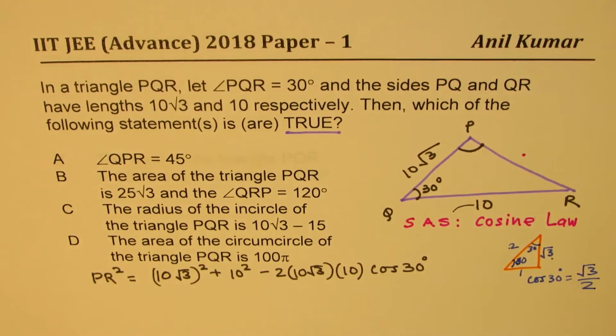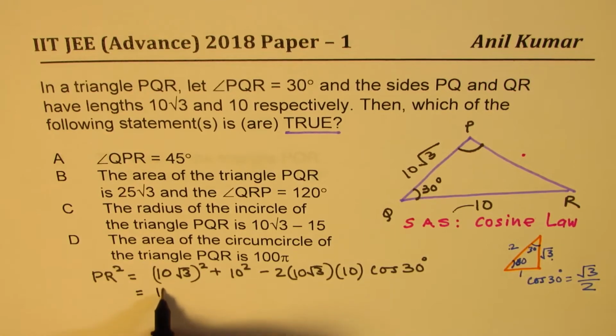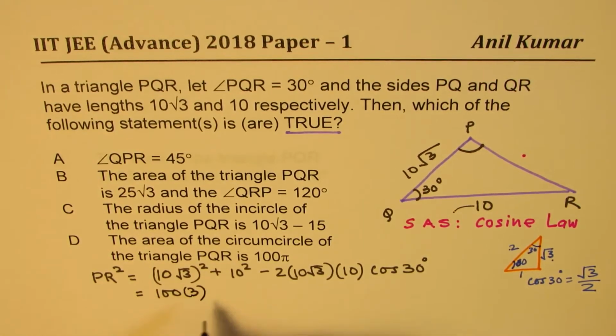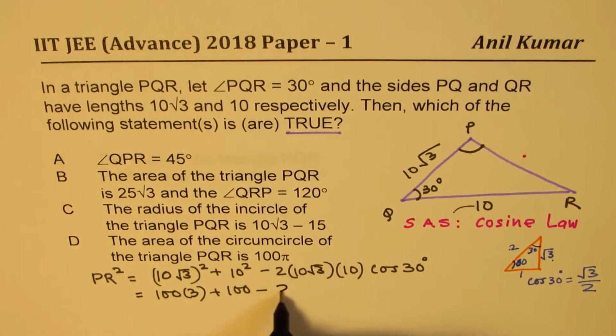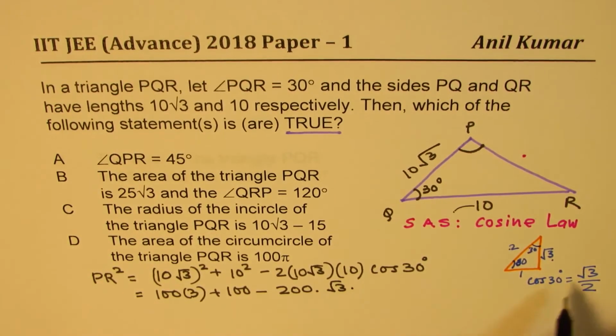Okay. So we'll substitute that value here. So PR square equals, we got 100 times 3, that is 300, plus another 100 minus 100 times 2, so we get 200, and then we have square root 3, and then cos of 30 is square root 3 over 2.